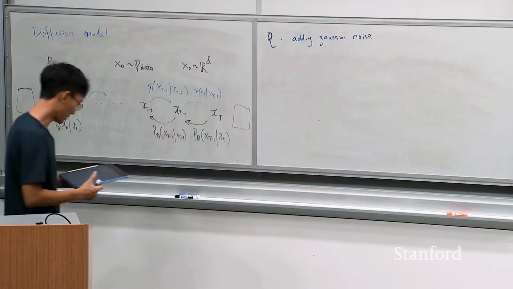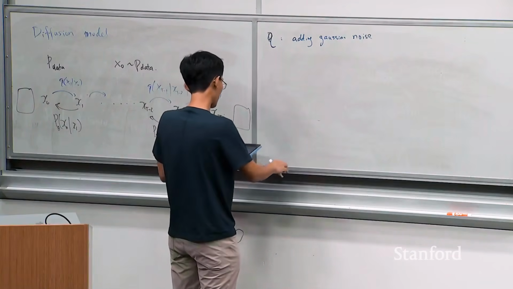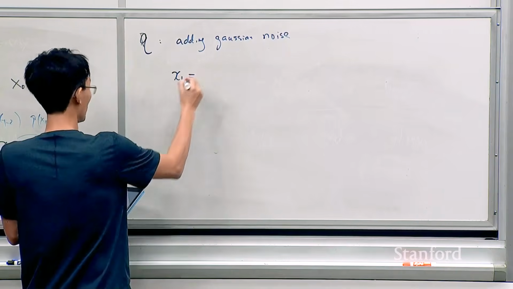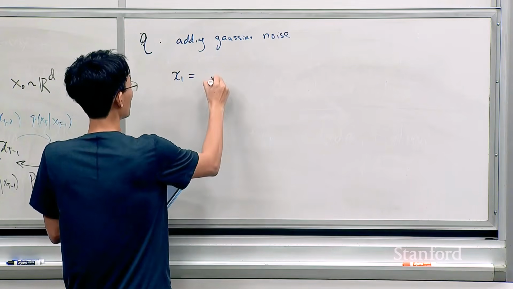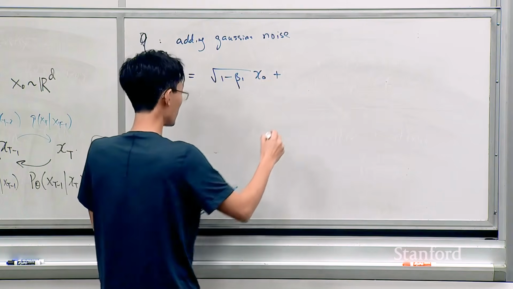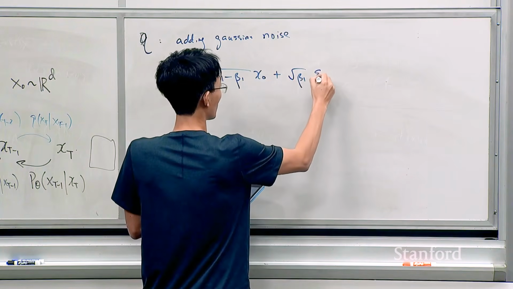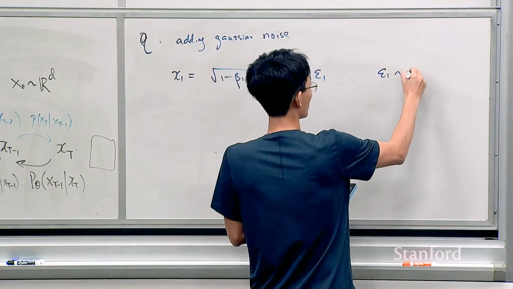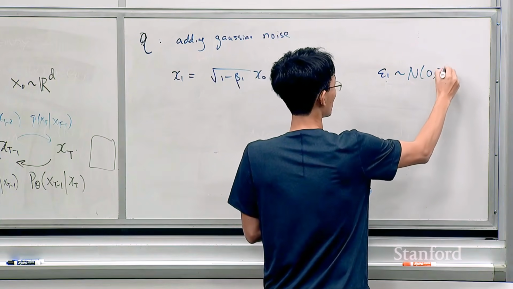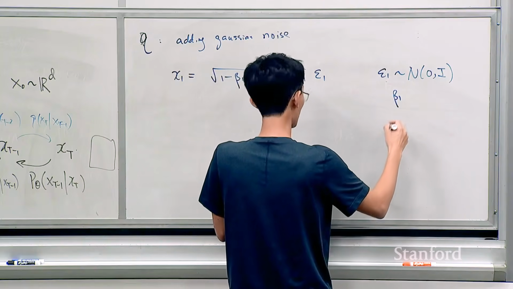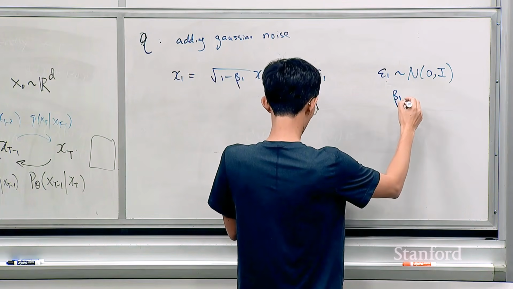You can write it in different ways, but one way is that you say x1 equals square root of 1 minus beta 1 times x0 plus square root beta 1 times epsilon 1, where epsilon 1 is standard Gaussian, and beta is a scalar between 0 and 1, often close to 0.